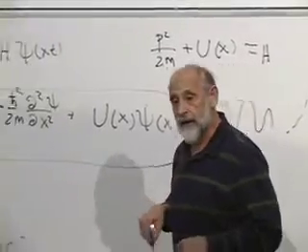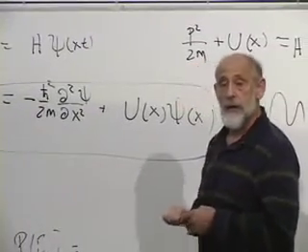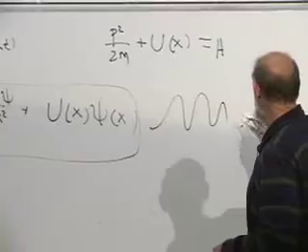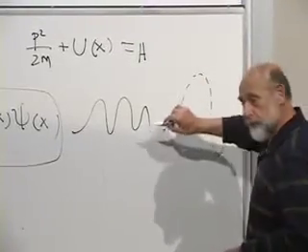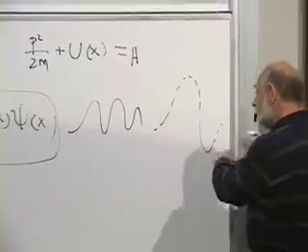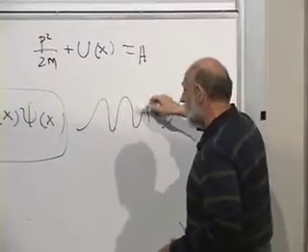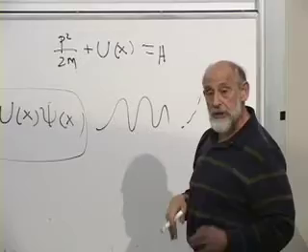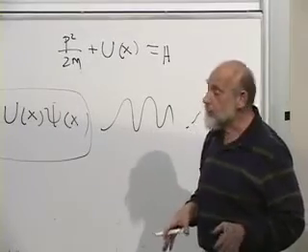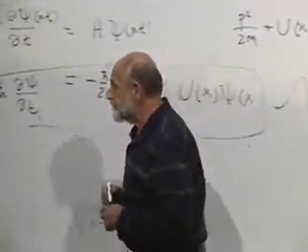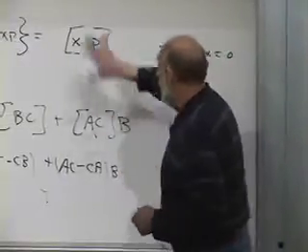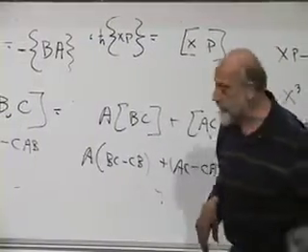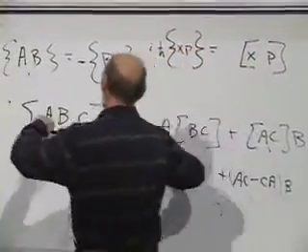Now, the answer is that if the potential is a very smooth function, if it varies very smoothly on the scale of the oscillations of the wave function, then the center of the wave function moves exactly according to classical physics. But let's see if we can see that. We have the rules for Poisson brackets and commutators.